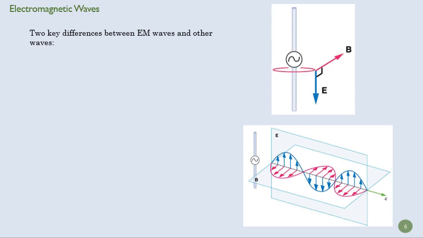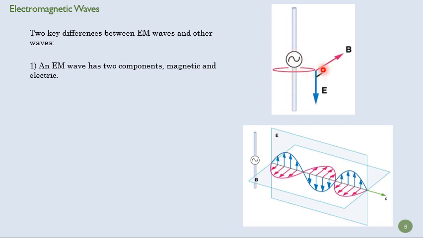Okay, there are a couple of differences between EM waves and other waves. One is that an EM wave has two components. We've talked about electrical and magnetic waves and the connection between them. If you think about a wire here, and let's say we have a current running through there, our magnetic field is around the wire. And so at any given point around the wire, the magnetic field might be in this direction. Well, the electrical field is up and down, right? Because it's in the direction of the wire itself.